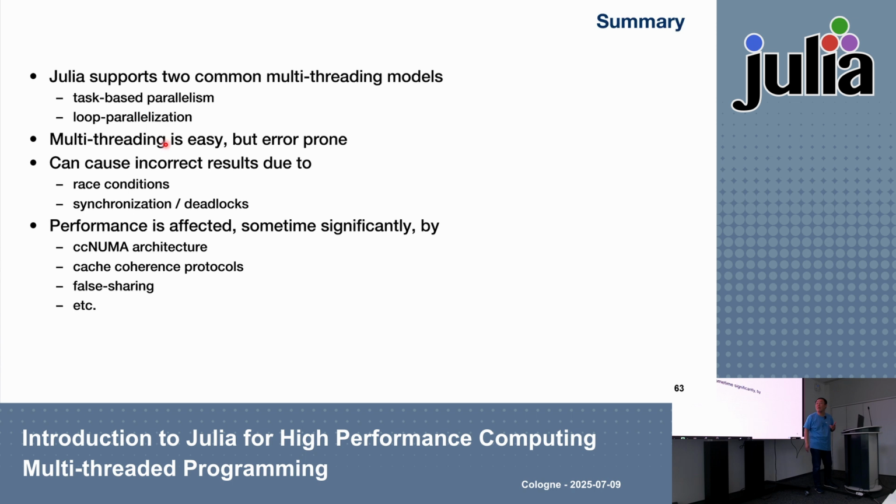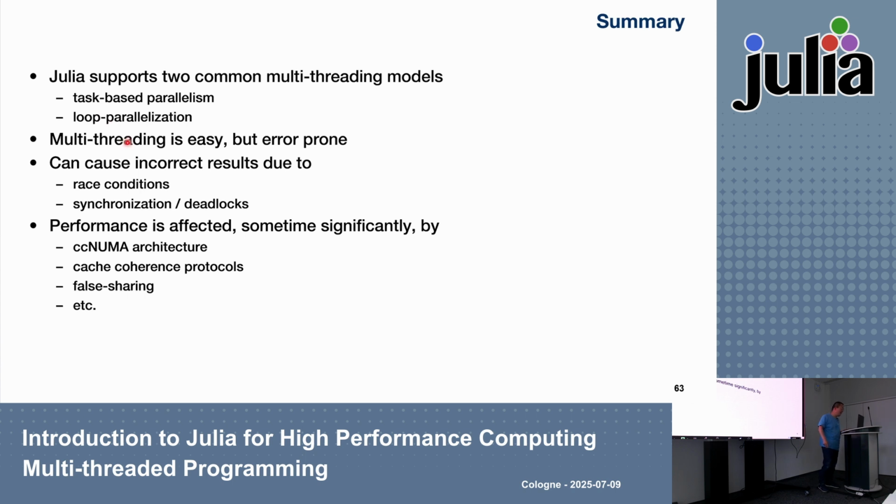As you can see, for multi-threaded Julia code, there are only 3 macros. The first macro is to do the synchronization. The second macro is to spawn your task. And for loop parallelization, you will have the third macro, which is the threads macro.